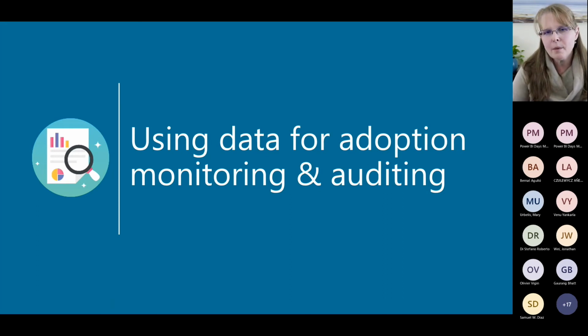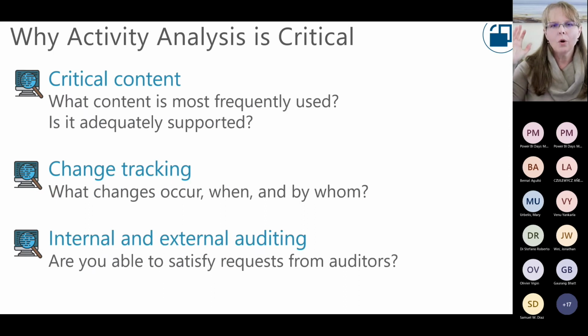And the very last topic that we're going to cover is just using our data for not only adoption monitoring, but auditing. So there is the activity log or usage log data that's available, and that's our starting point. There's a bunch of other stuff too, but that's our starting point. And this activity analysis or activity log data is massively critical.